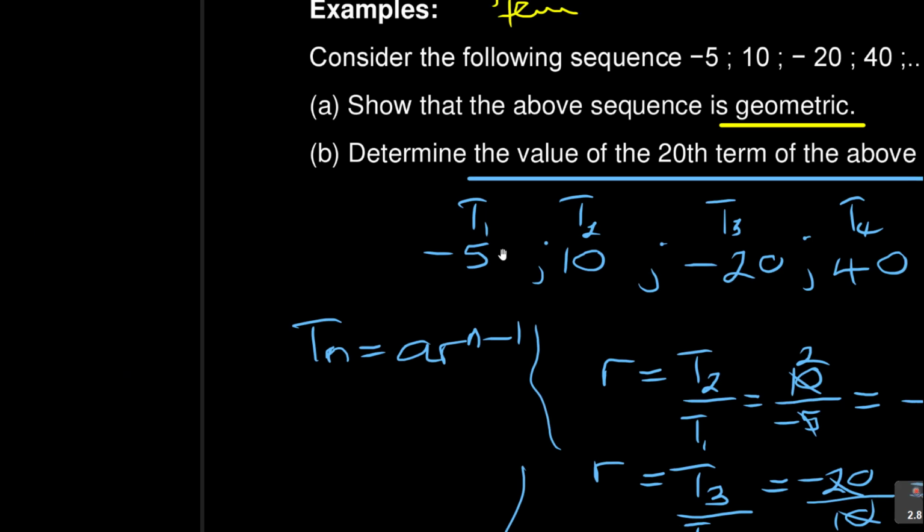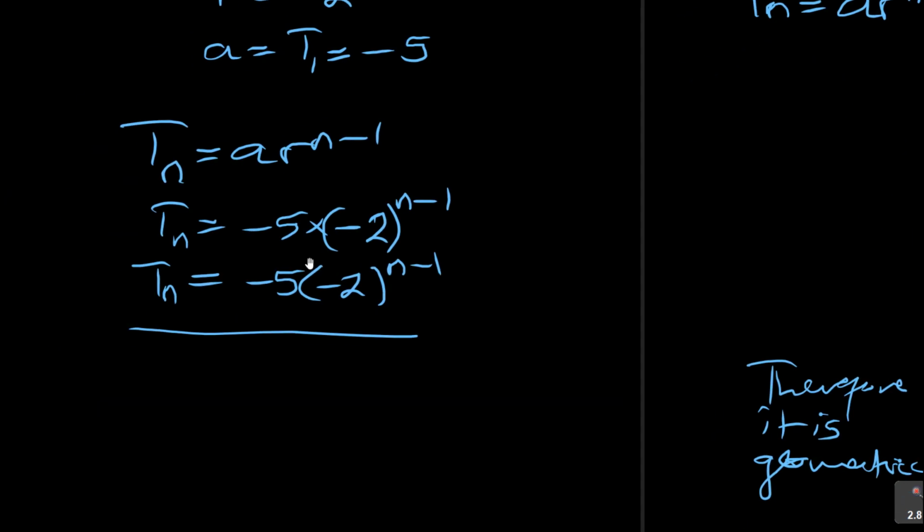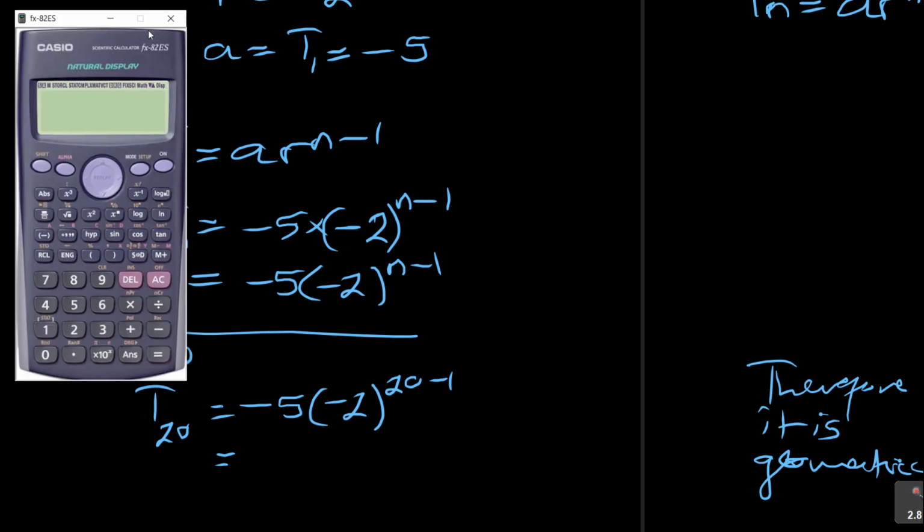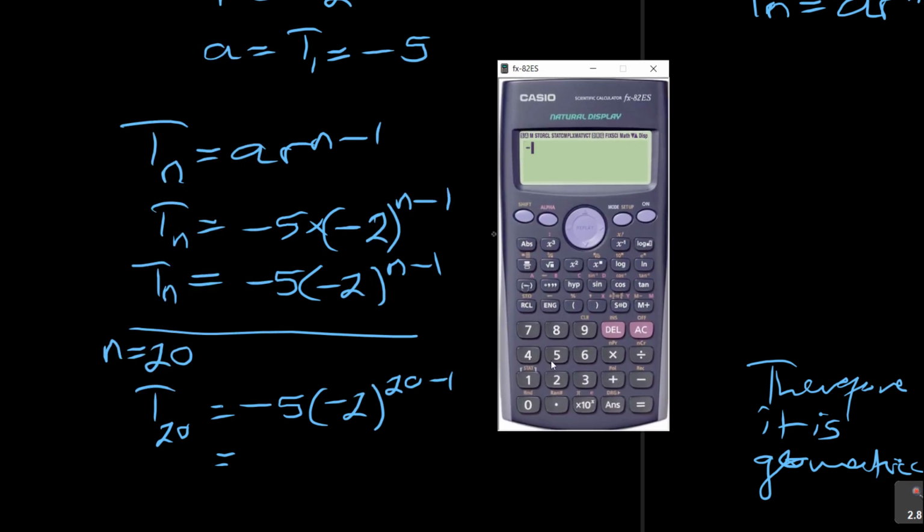And then the question was determine the value of the 20th term. You see, 20th, where n is 20. So you come and say T20 is equal to minus 5 bracket minus 2, and then 20 minus 1. Rely mainly on the calculator, because it's the one that can easily calculate this.